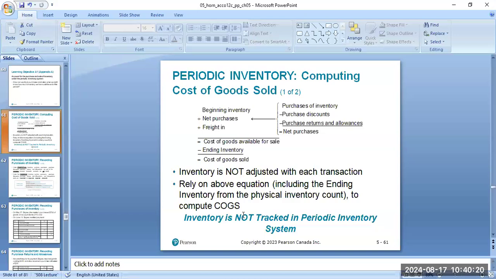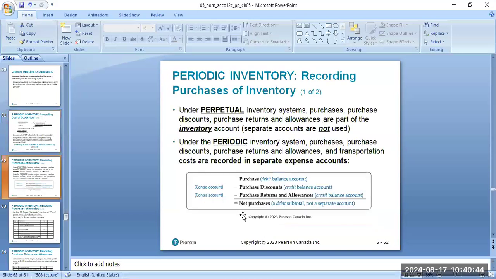We're going to rely only on this calculation, including the ending inventory from the physical inventory count, to compute the cost of goods sold. Inventory is not tracked by the system. So everything we have to do manually.